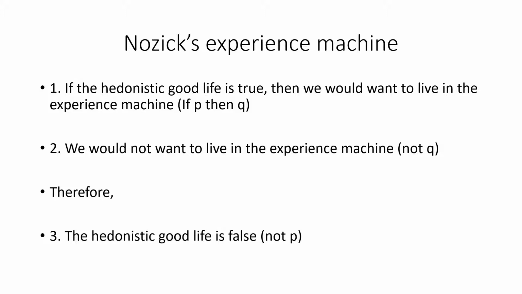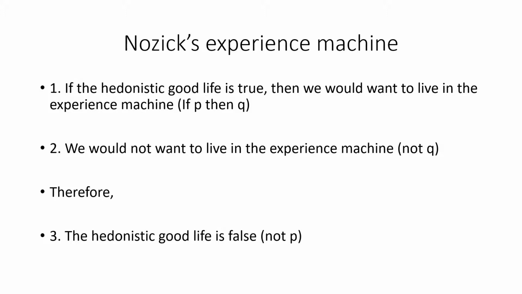If we remember a few tutorials back, the modus tollens is how we can find something to be false by using a conditional. So we take a look here. If the hedonistic good life is true, then we'd want to live in the experience machine.